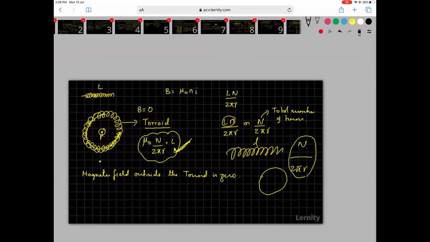Basically a straight solenoid was bent to form a circle, so the number of turns per unit length will be changing.